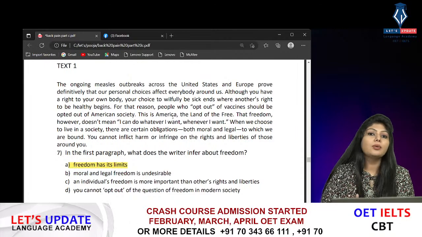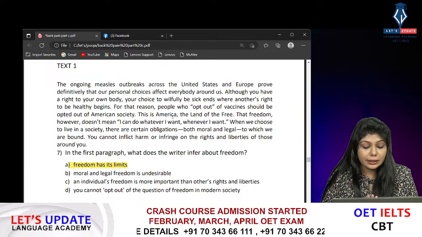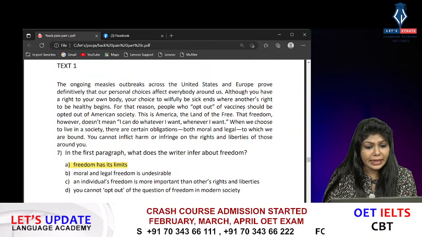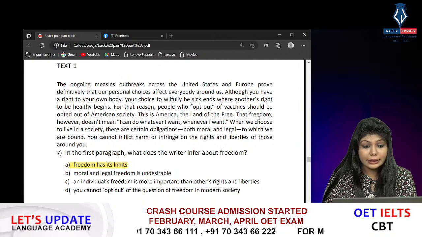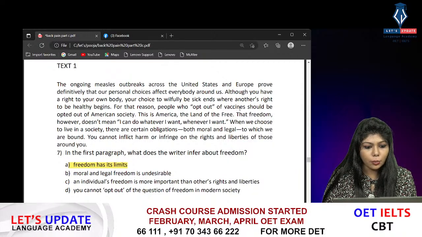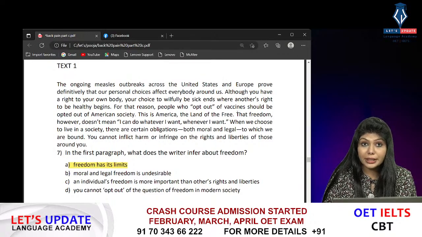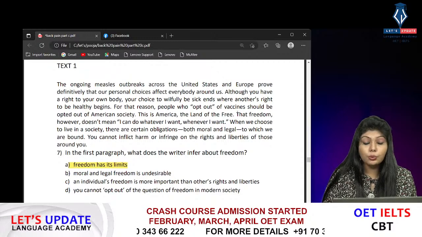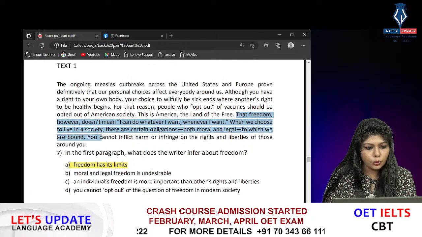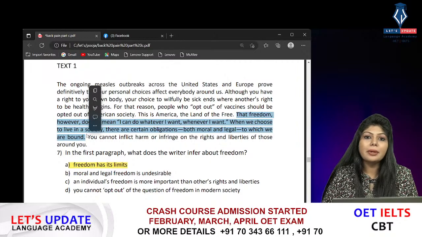And why do you think it's A? The reason we can say it's A is because of this information from the first paragraph: freedom, however, doesn't mean I can do whatever I want whenever I want. When we choose to live in a society, there are certain obligations, both moral and legal, to which we are bound. That is why it is implying that freedom has its own limitations.